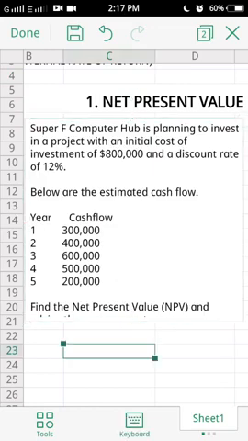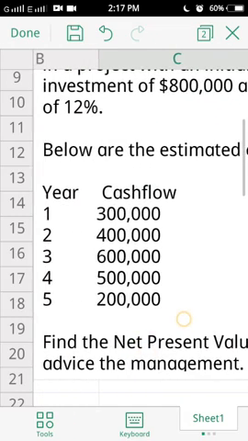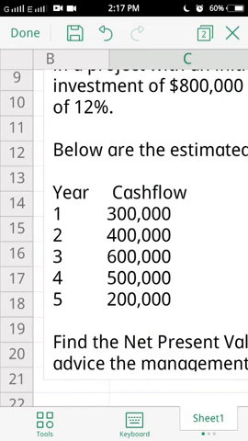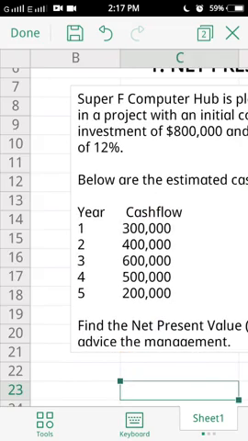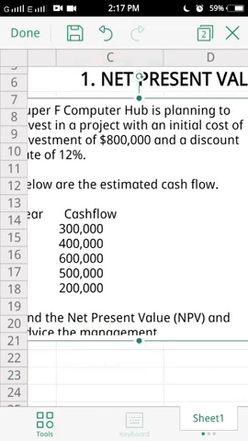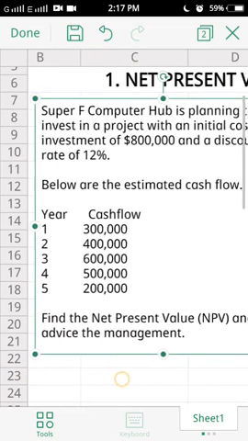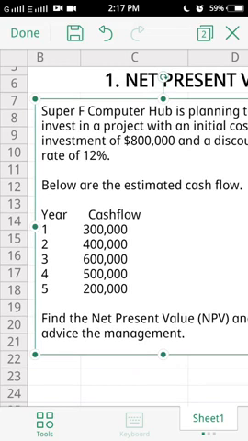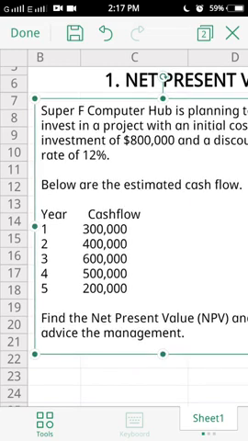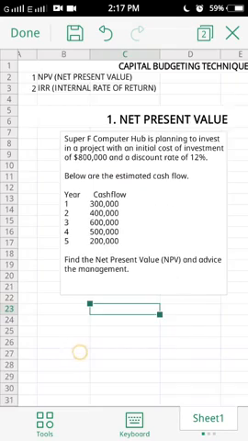Super F Computer Hub estimates that in the first year of investing $800,000 in this project, they will be making a return of $300,000, and in the second year $400,000, in the third year $600,000, in the fourth year $500,000, and in the fifth year $200,000. We've been asked to find the net present value, and then advise management on whether they should invest this huge amount of $800,000 in their said project. Having known what the questioner asked us to do, let's go into the solution.